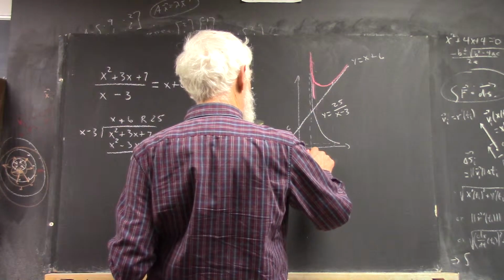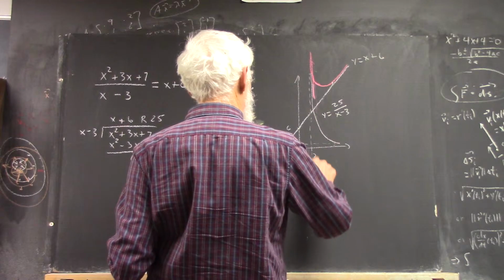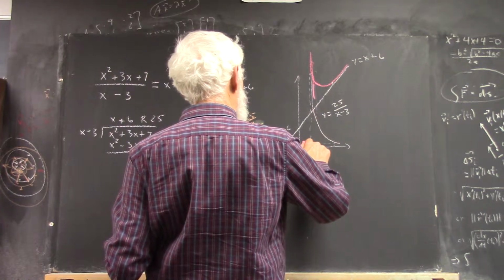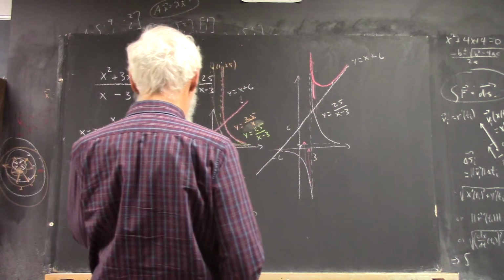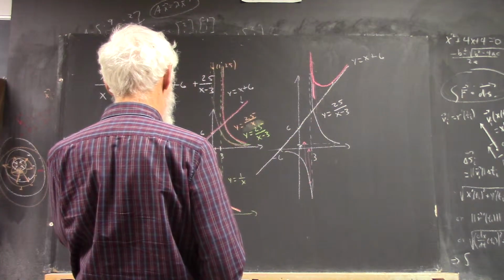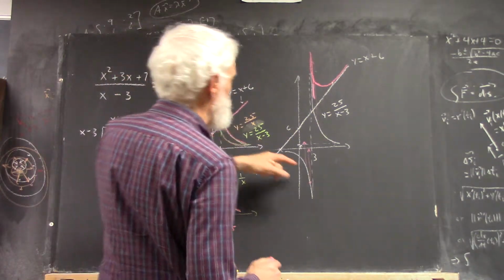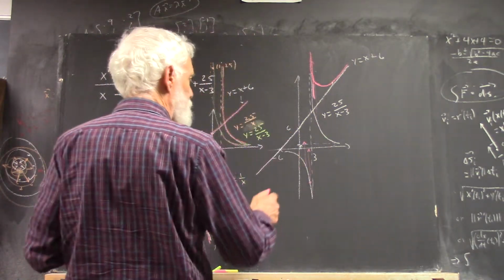So this point might get lifted up to here. And this point might be lifted up even a little bit more, so lifted up to a point that's a little above the x-axis.